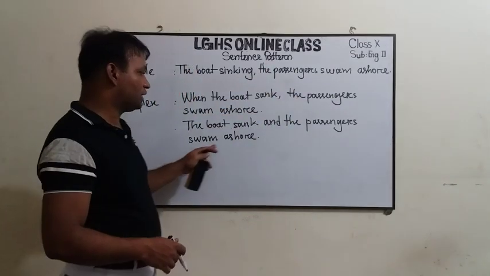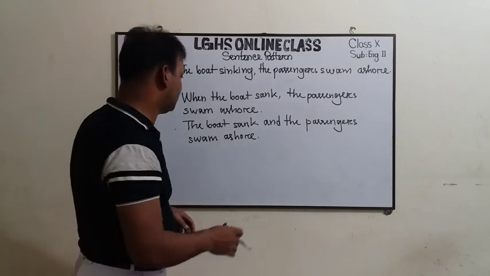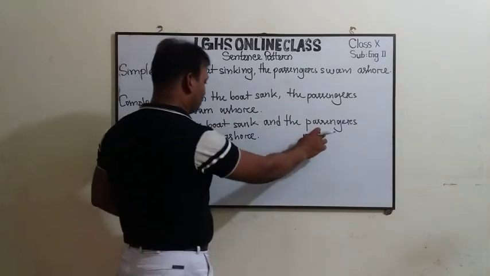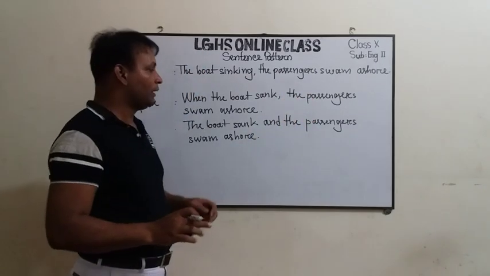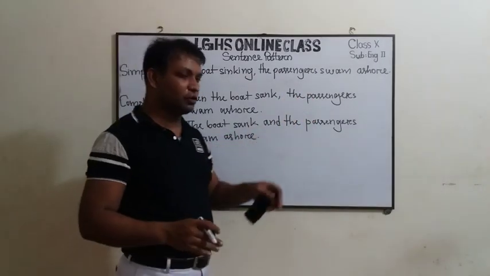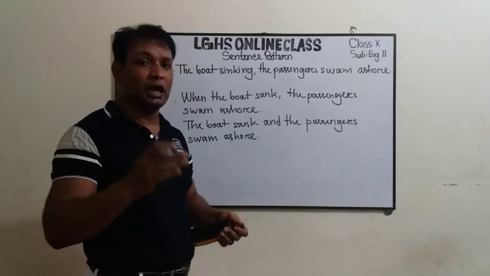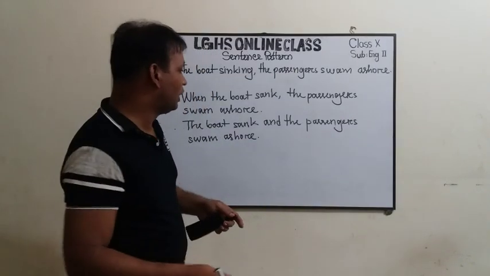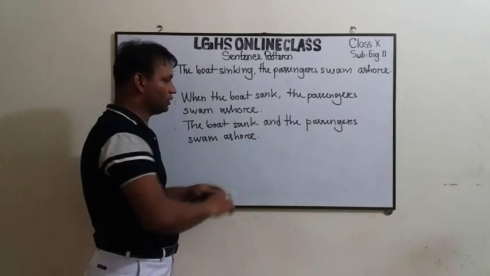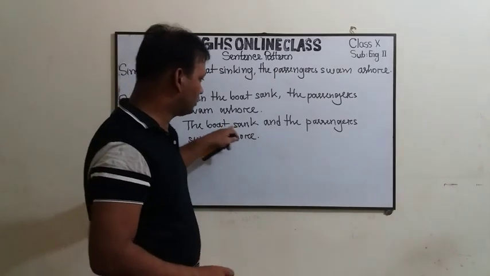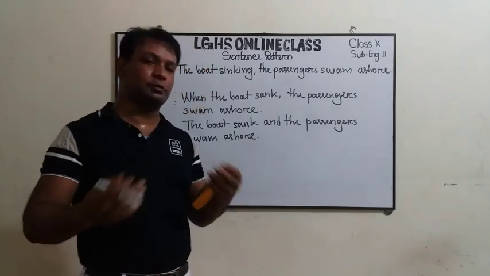Now, look at the third sentence. In this sentence, there are two clauses. These clauses sound like principal clauses. Actually, these clauses are not principal clauses because a principal clause is possible only when there is a subordinate clause. As there is no subordinate clause in this sentence, we cannot call these clauses principal clauses.